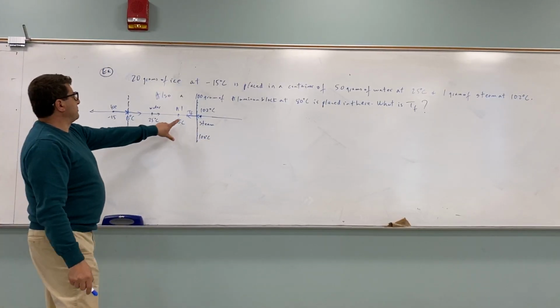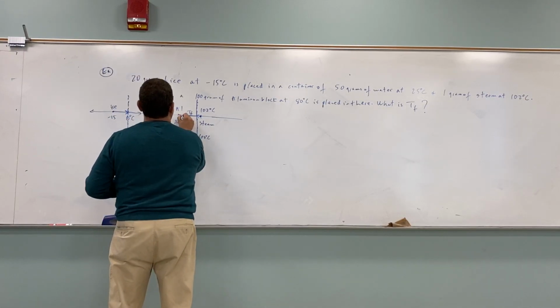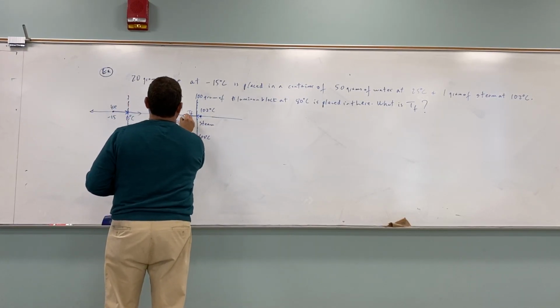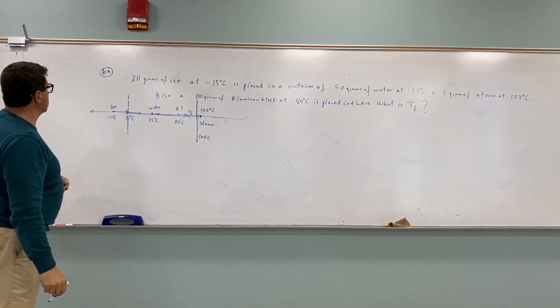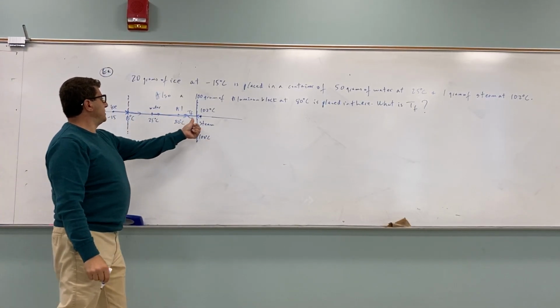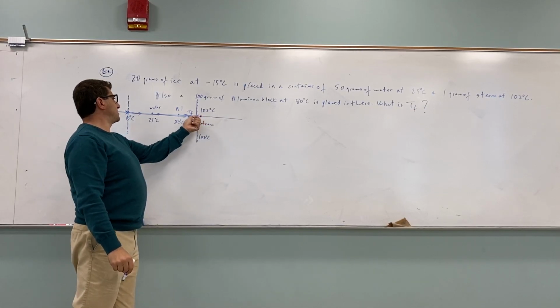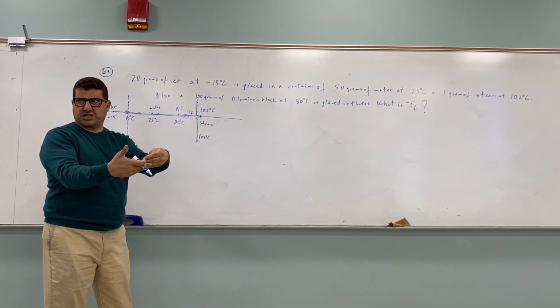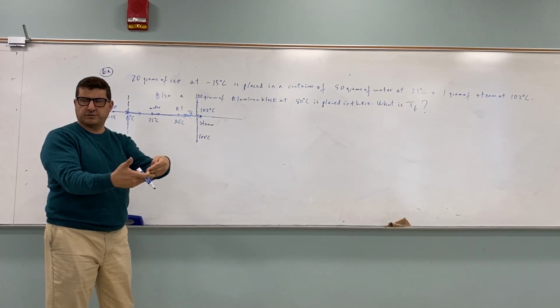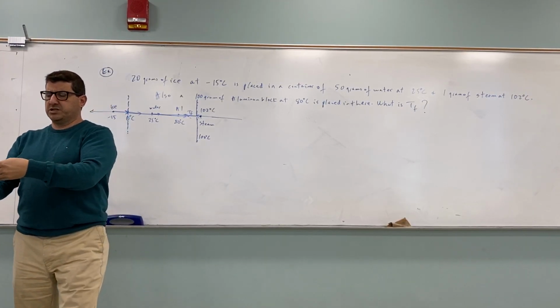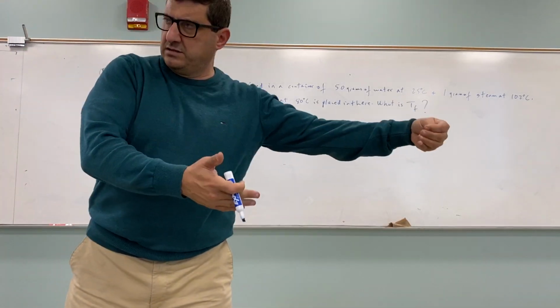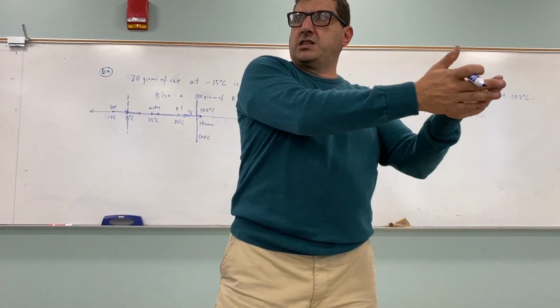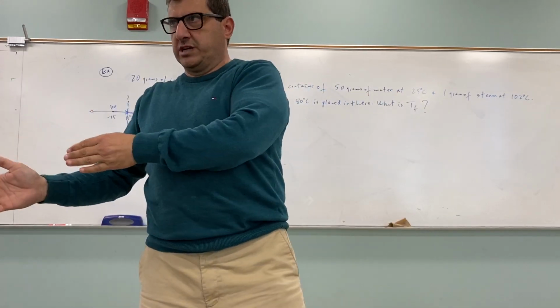So probably the final temperature is somewhere here. This guy's got to go all the way there, this guy too, and this guy too. And the steam has to come down, condense, and then go all the way there, and they all meet together at the same final temperature. So what we're going to do with these kinds of problems is say the heat gained by everything that is warming must equal the heat lost by everything that's cooling.